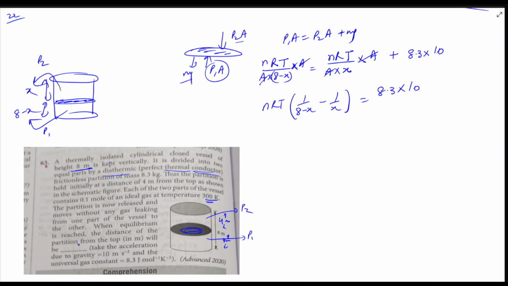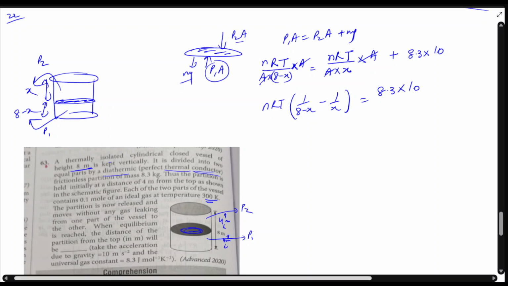The partition is removed. So what will happen as it starts to go down? Temperature will change, but eventually the temperature of both the containers will become the same. Why? Look, no heat is exchanging with the outside. So you can use the first law of thermodynamics.